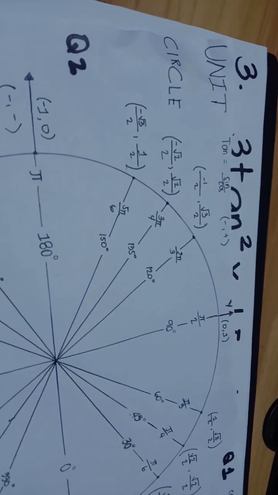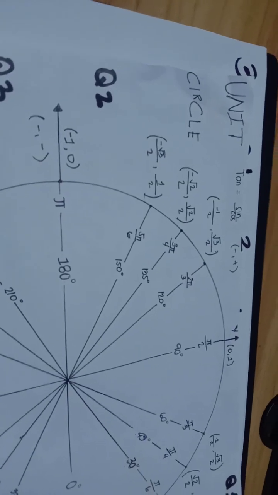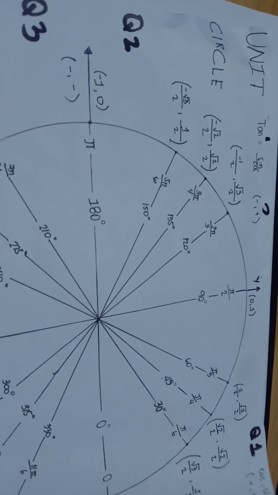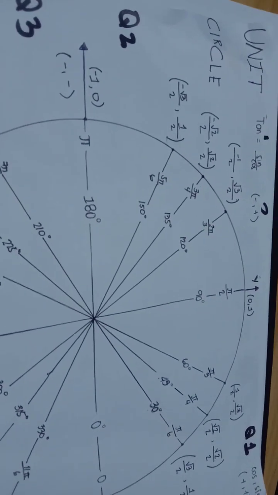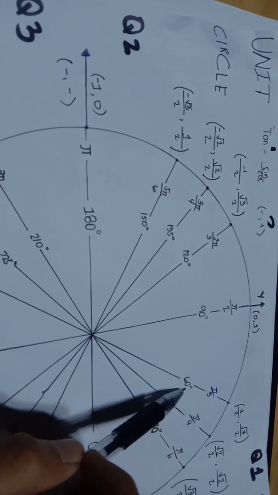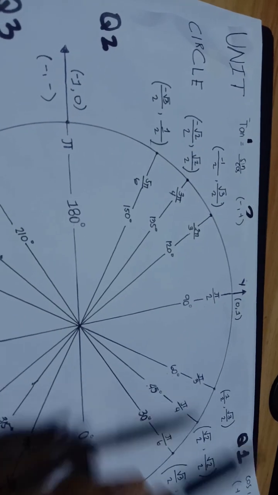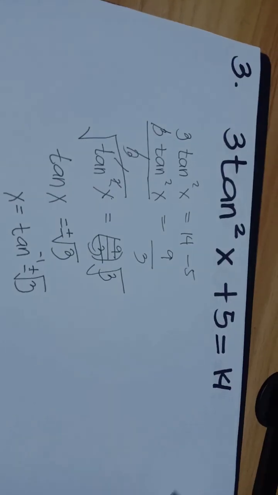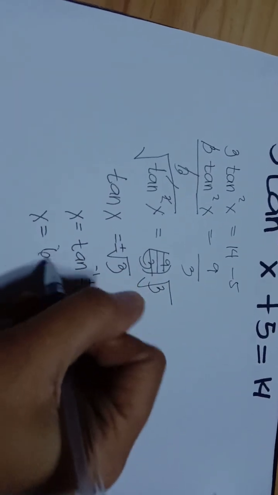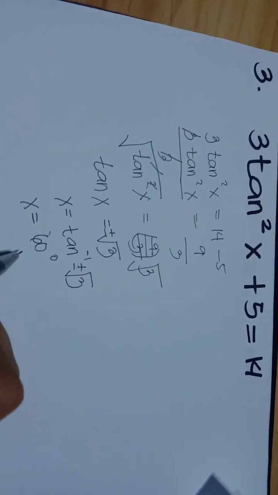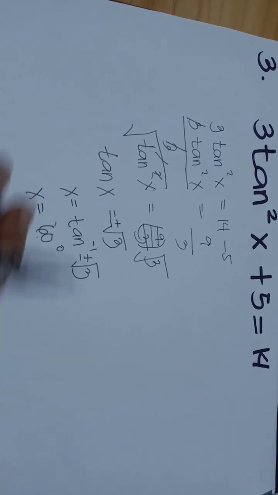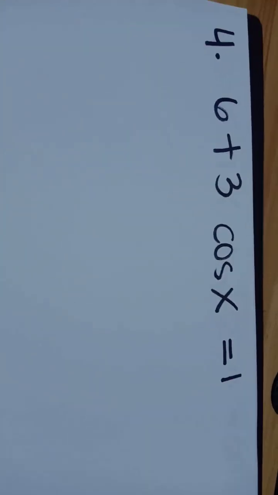What quadrant does the positive square root of 3 belong to? Let's see here. There is the square root of 3. So the value of x is equal to 60 degrees. Did you get the correct answer? Okay, let's have another example.